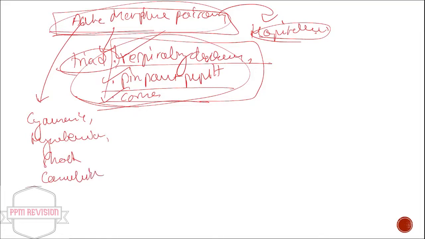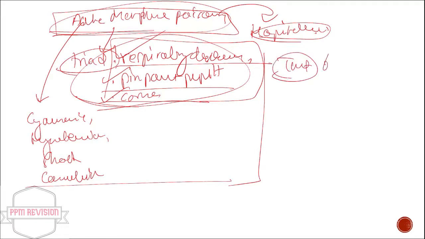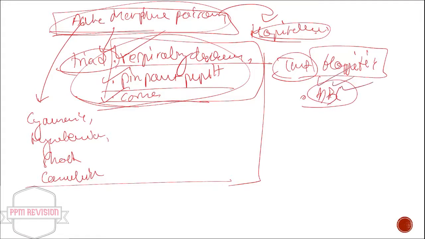Now looking at the treatment, hospitalization should be the first priority, and then ABC should be seen. This is very important: airway, breathing and circulation. Ventilatory support can be given, and gastric lavage can also be performed.